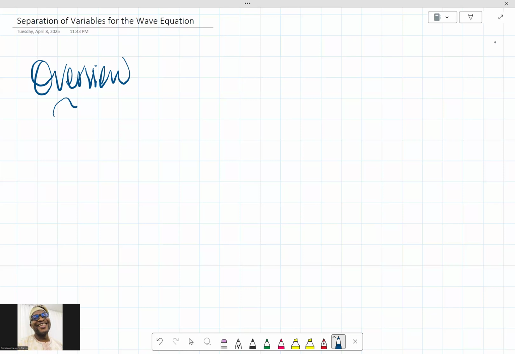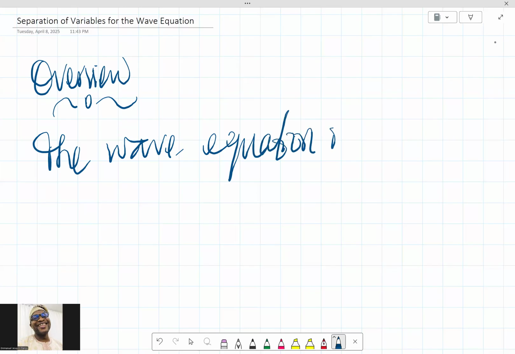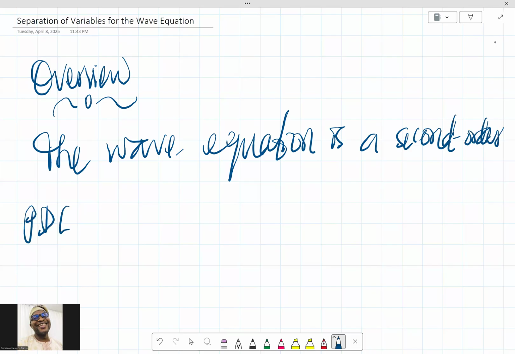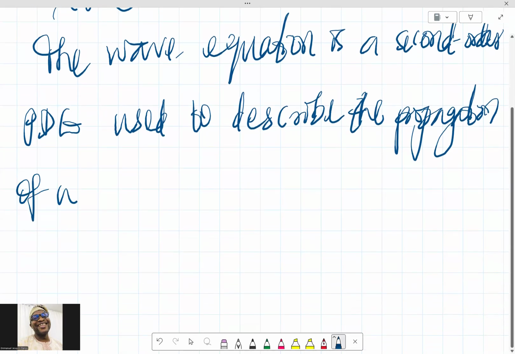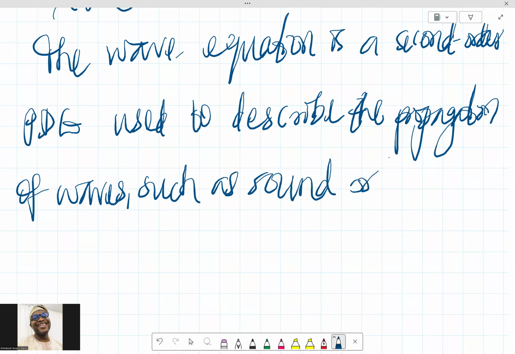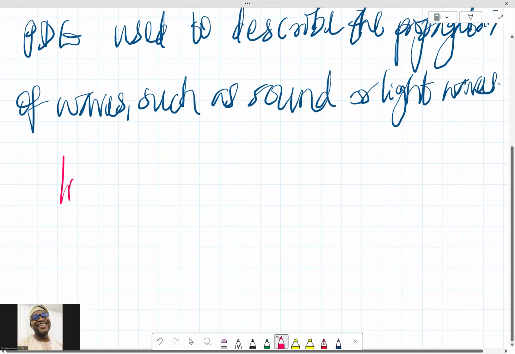Okay, an overview. The wave equation is a second order partial differential equation used to describe the propagation of waves, such as sound or light waves, in one spatial dimension.